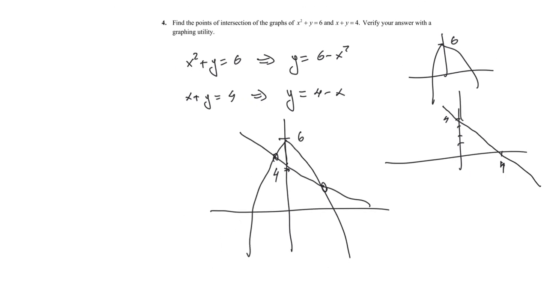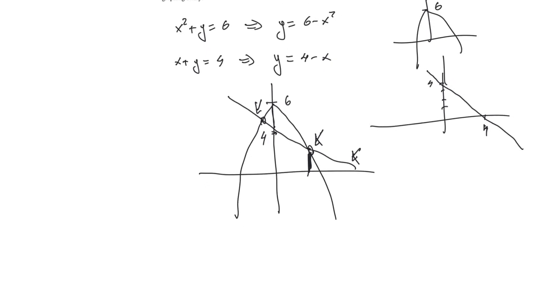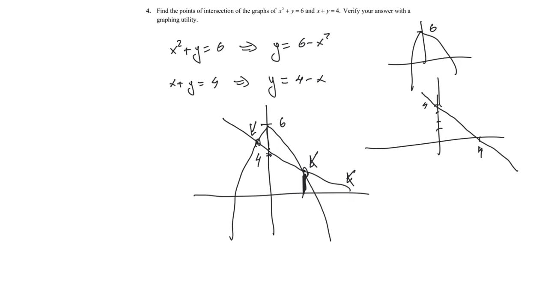When will this point happen? This point will happen when the y of the rectilinear line is the same as the y of the inverted parabola. So it will happen when the y of the parabola, 6 minus x squared, is equal to the y of the rectilinear line, 4 minus x.